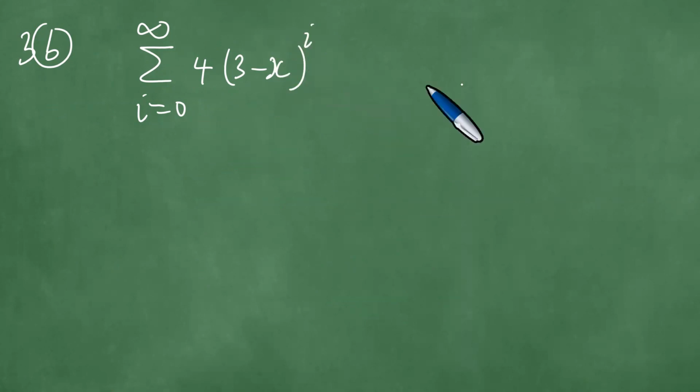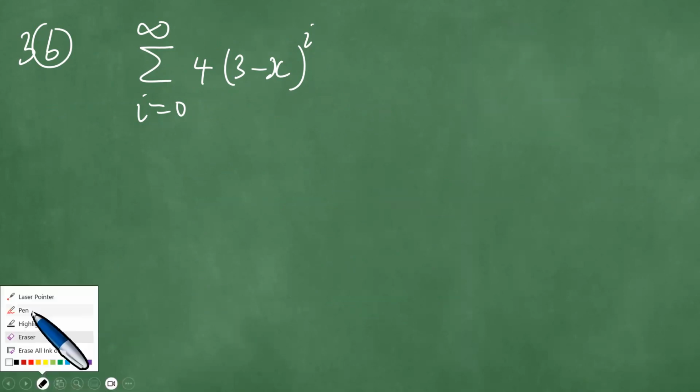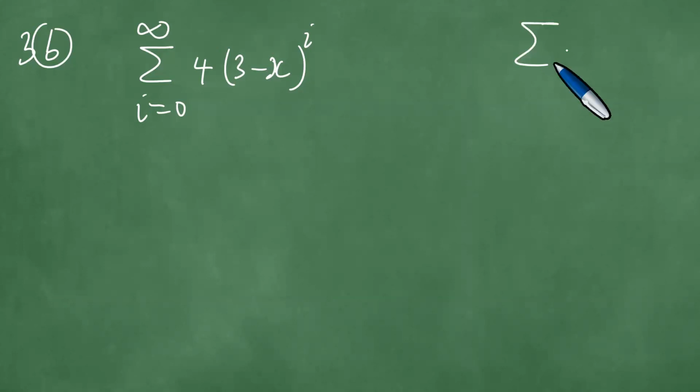Okay, obviously, this is called sigma. This big symbol is called sigma. And then now you have a small one.